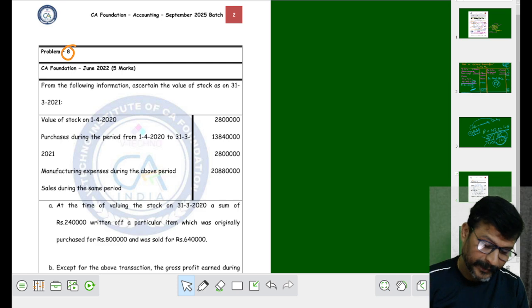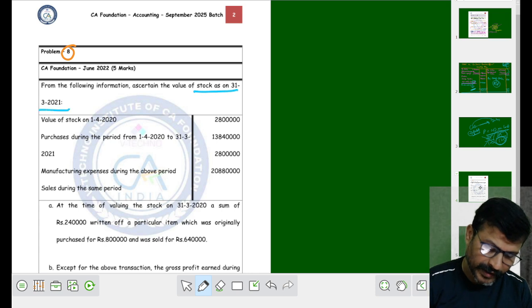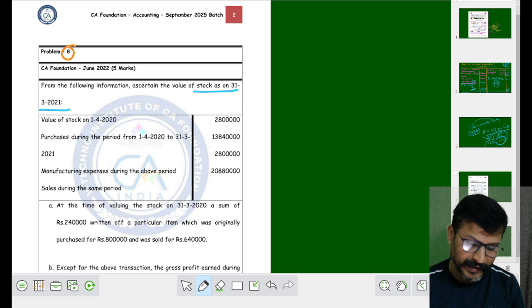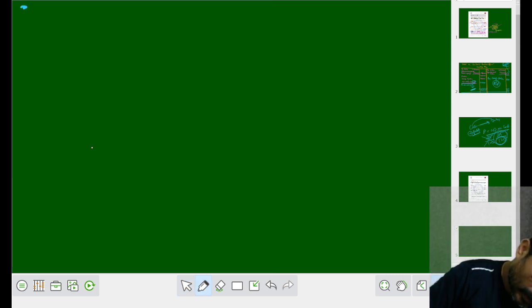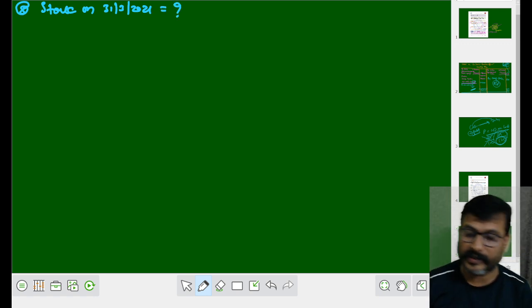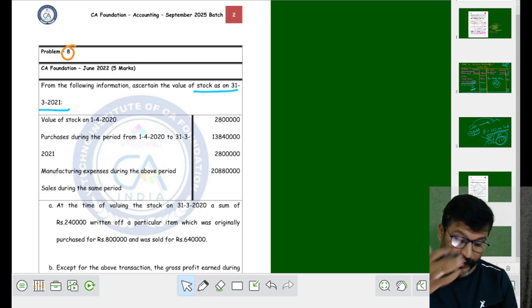Okay. Shall I read? From the following information, ascertain the value of stock on 31st March 2021. What stock do we have to ascertain? March 2021. Problem number 8. Stock on 31st March 2021 is question mark. Fine. See the next one.